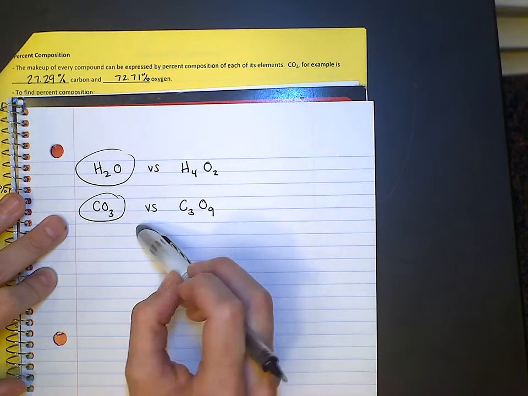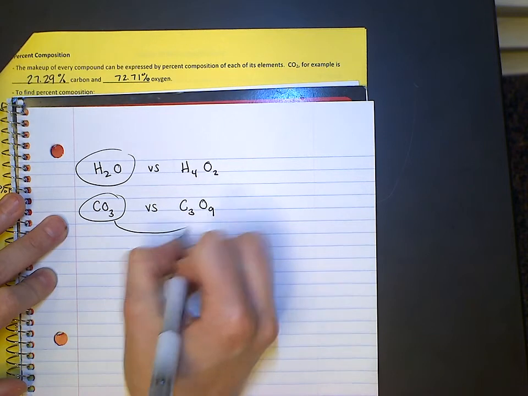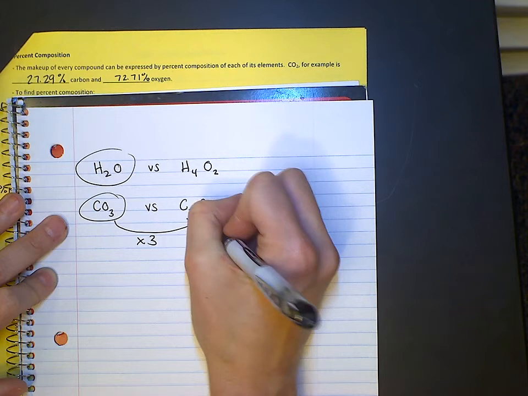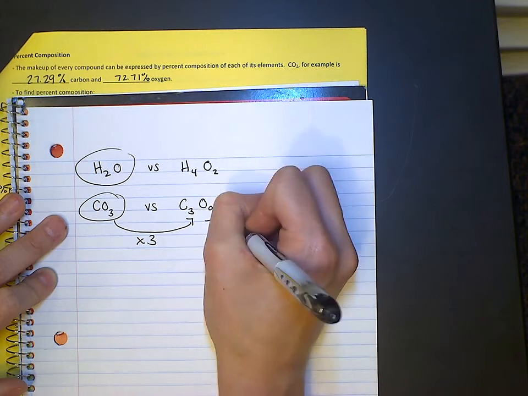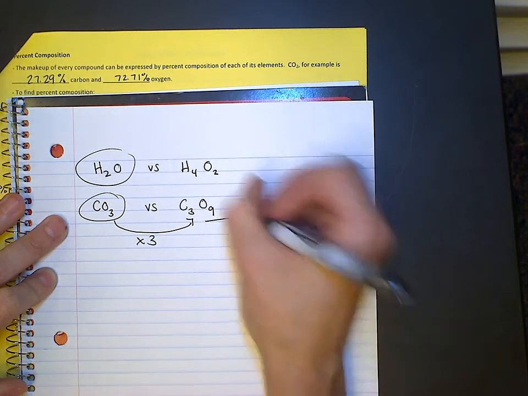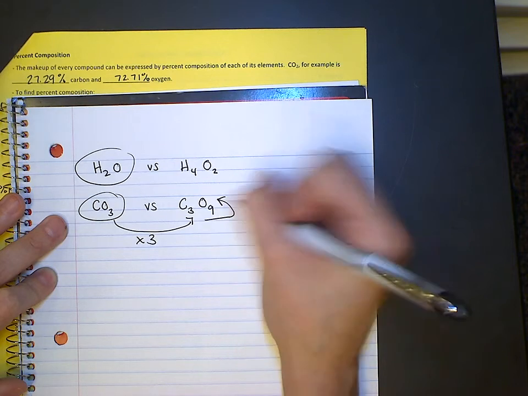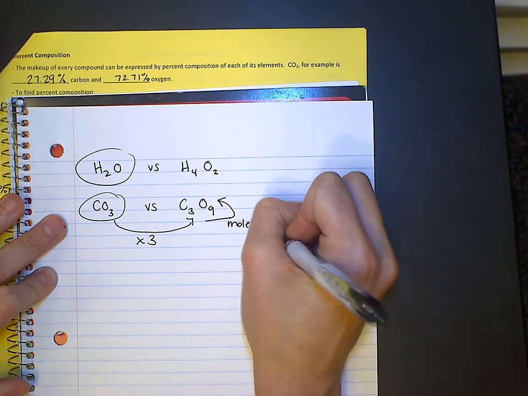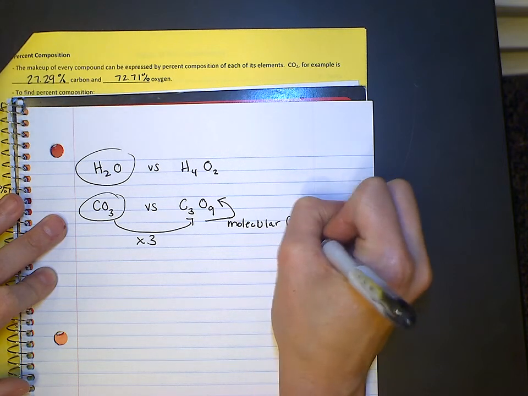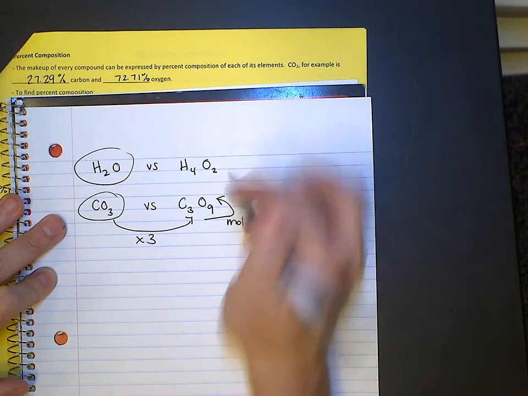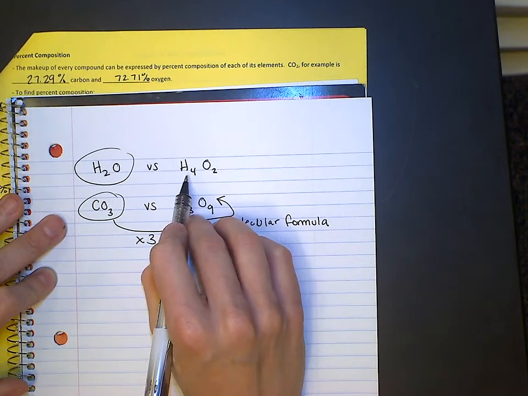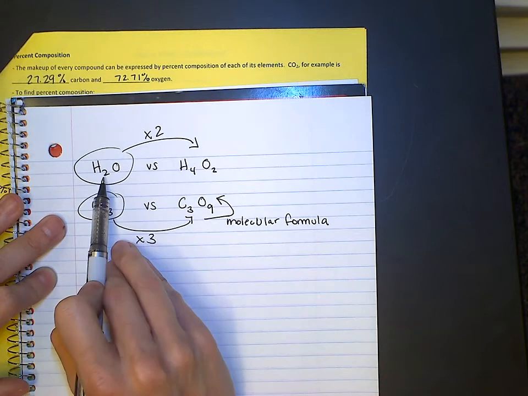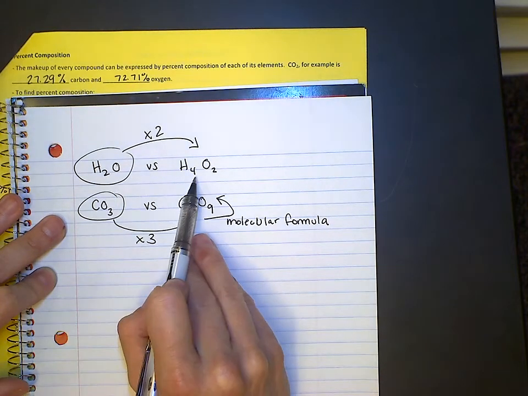If you have a multiple of an empirical formula, so if you notice this was 3 times the empirical, that's what's called a molecular formula. So this guy over here, I don't know why I drew it like that. This is a molecular formula. Okay, and this would be a molecular formula as well, because if we multiply this formula by 2, we would get this formula here.